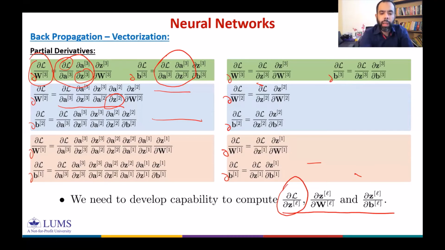And finally, the partial derivative of the pre-activation output with respect to weight, and the same with respect to bias. We will see very shortly that these two are super simple, and you can sense it, in fact, at this stage.